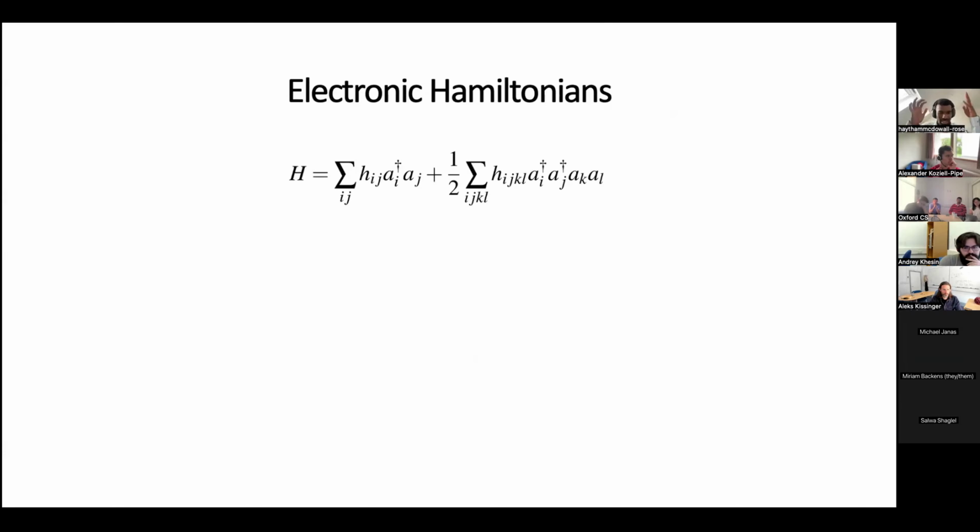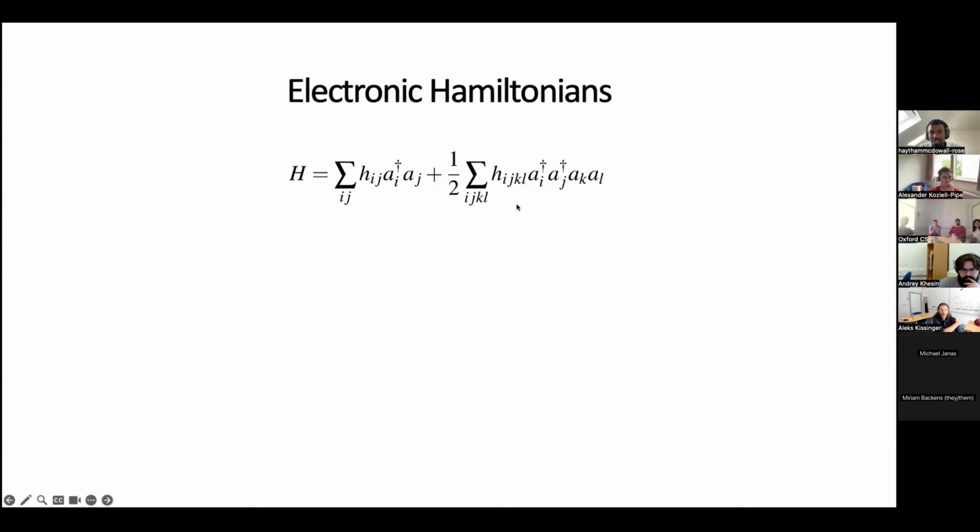We've all got this mental picture in our head of what an atom looks like. These systems are governed by this Hamiltonian, which is given in terms of the fermionic operators. These Hij are just coefficients, constants relating to the exact strengths of the interactions in the system.